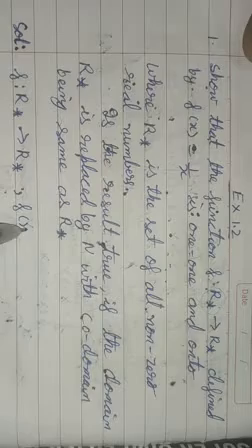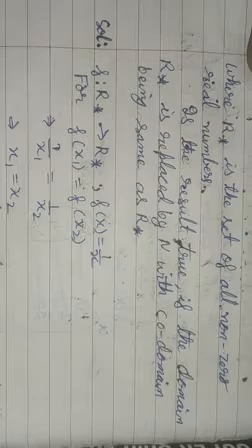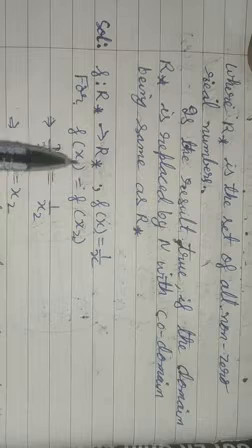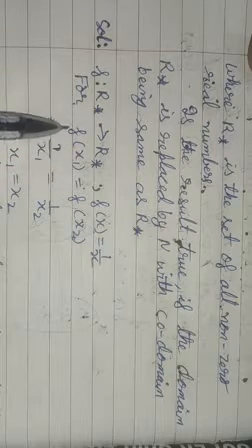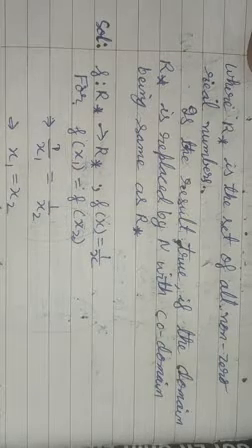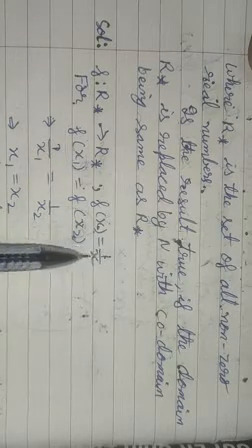Now first of all we will prove that this function is one-one and onto. The solution: f from R star to R star. We are taking this function first, and f(x) is equal to 1 upon x. Now see here, for f(x1) equal to f(x2), if the image of x1 is the same as that of x2, then what are we getting? f(x1) is 1 upon x1, and f(x2) is 1 upon x2.